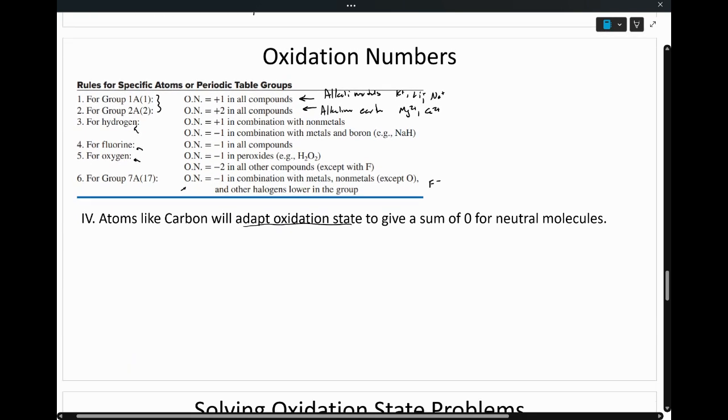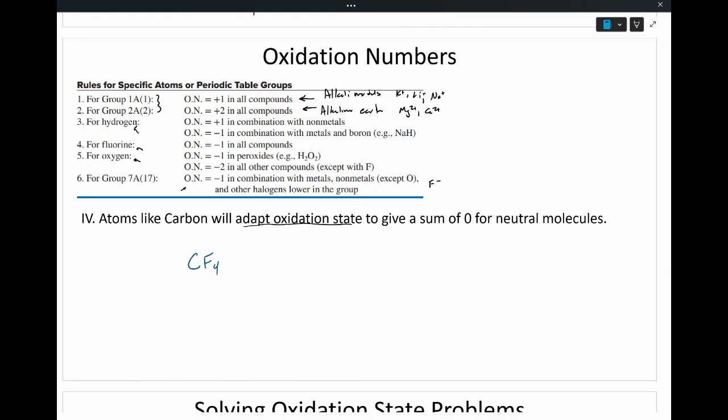So let's say we're looking at two different forms of carbon, or not two different forms of carbon, but carbon bound to two different things. We're looking at CF4 and CH4. And we're going to look at each one of these. We're going to make sure we follow our rules. So carbon doesn't have a rule. So this is an unknown oxidation state.